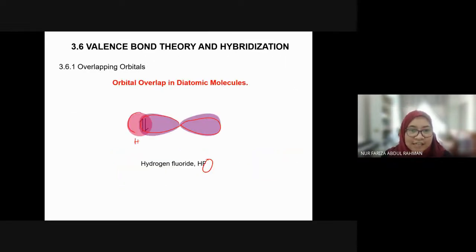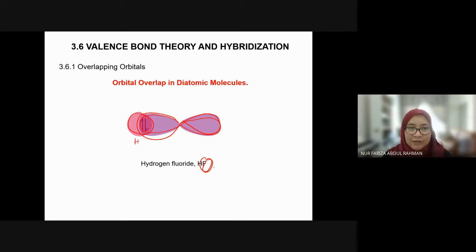So this is S orbital, its shape is round. This is P orbital, its shape is like this, which we learned in topic 2 last time. If you forgot, go and look again. Fluorine, why is fluorine like that? Because fluorine comes from block P. And try to write the electron configuration for fluorine.